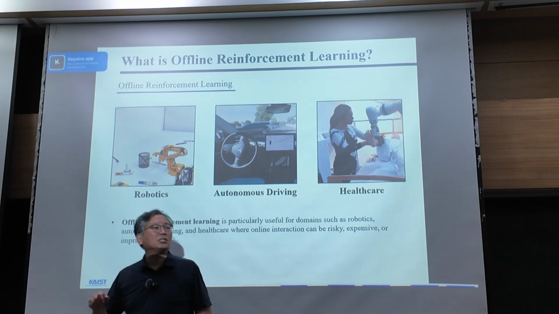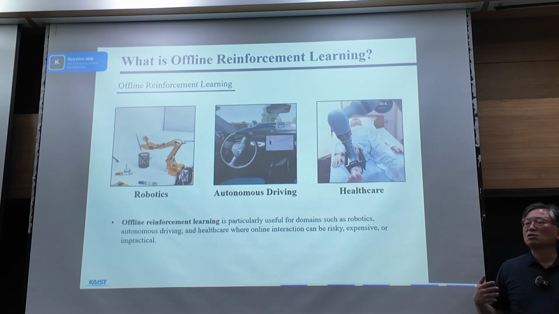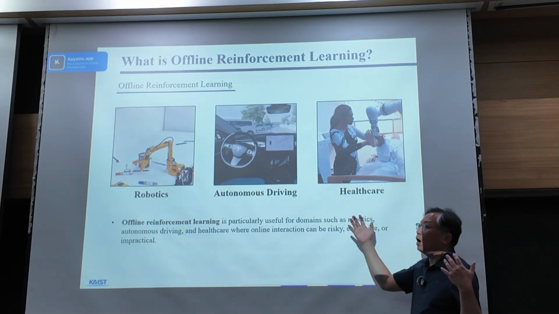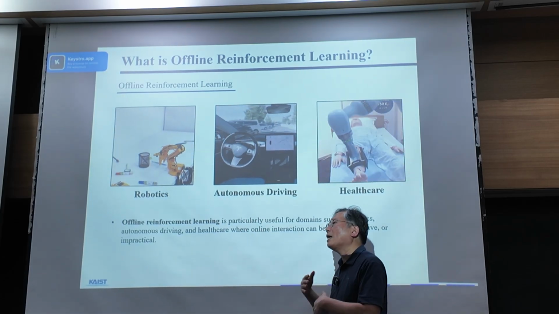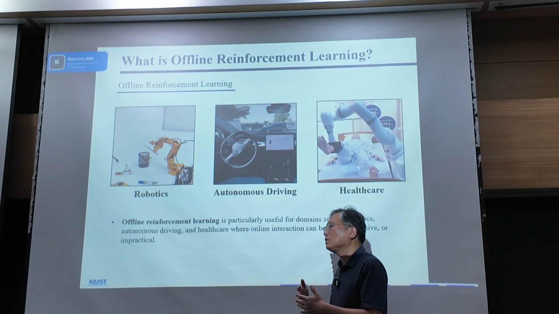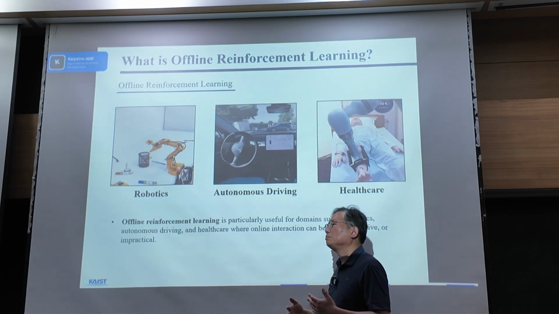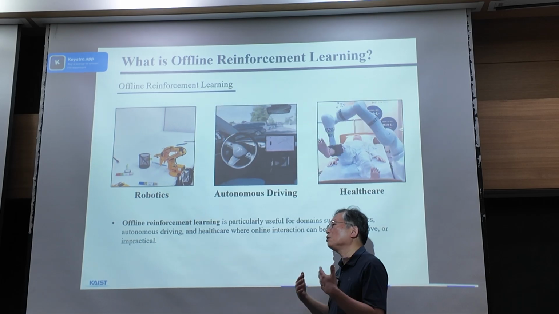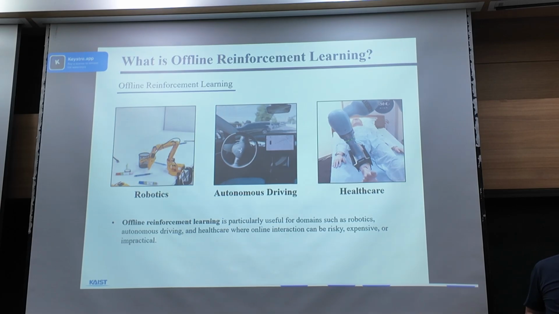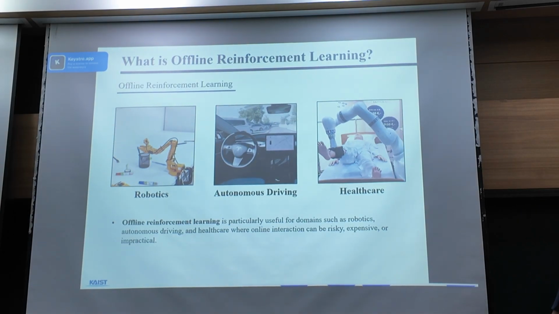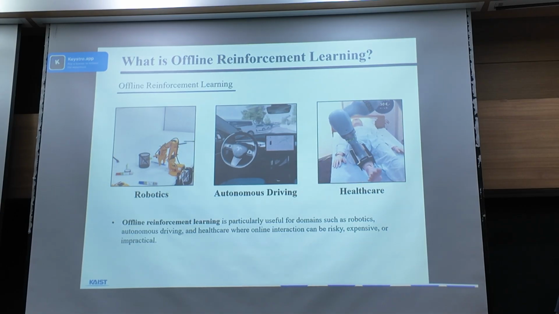Generally, if you're really sophisticated, you do offline, and then as you're interacting with the real world, you do a little bit of online. Because each situation is a little bit different, and maybe your offline policy will not accommodate real-life different situations. Okay.